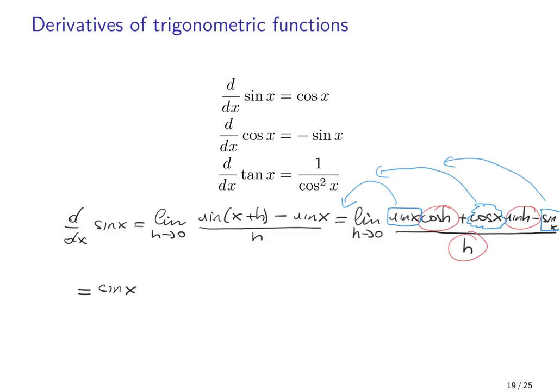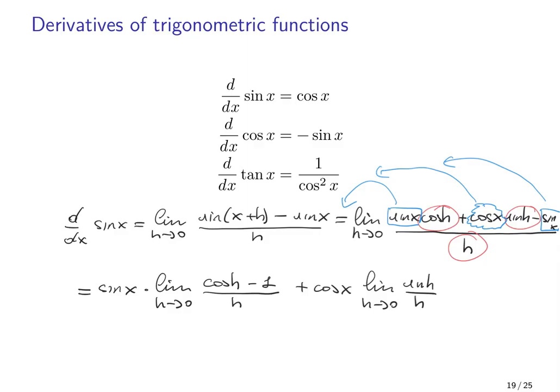sine x times the limit as h goes to 0 of cosine h minus 1, divided by h, and then plus cosine x times the limit as h goes to 0 of sine h over h. And here you see two very important limits showing up.